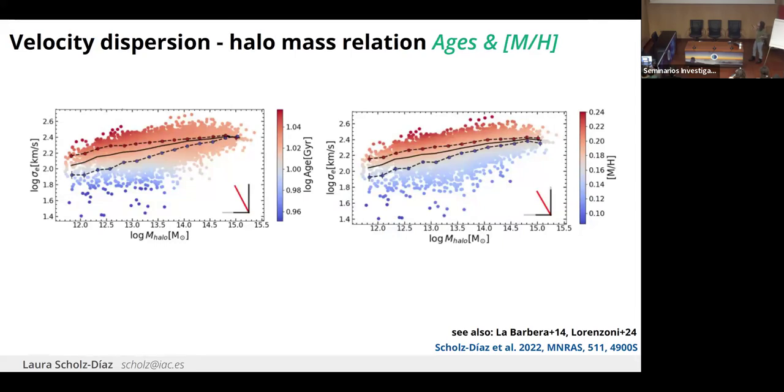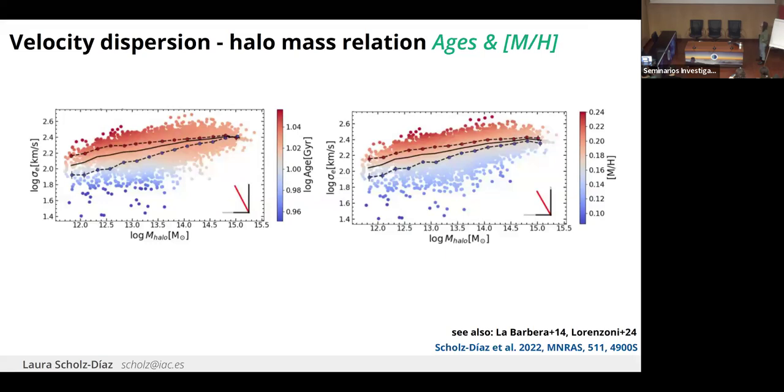Again, these panels are analogous to what I showed you before, but now with velocity dispersion here. So when we did the partial correlation analysis, now we see an even stronger correlation, indicated with this black line, at fixed halo mass with the velocity dispersion.